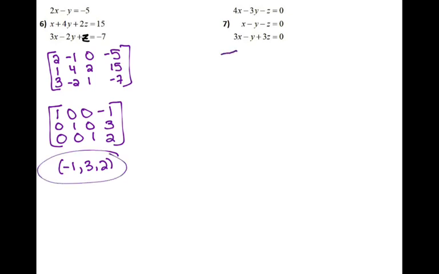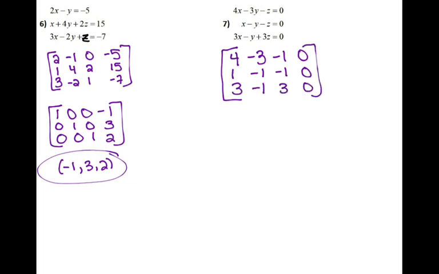And number 7, I'm going to assume this one has infinite solutions since we haven't seen that yet, but let's find out. So 4, -3, -1, 0, 1, -1, -1, 0, 3, -1, 3, 0. So let me put that into the calculator.